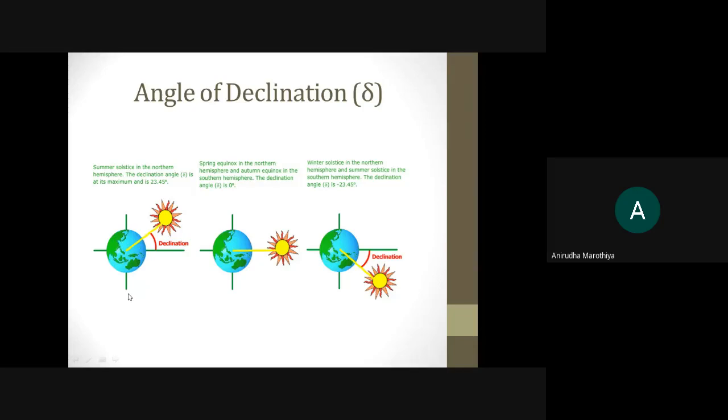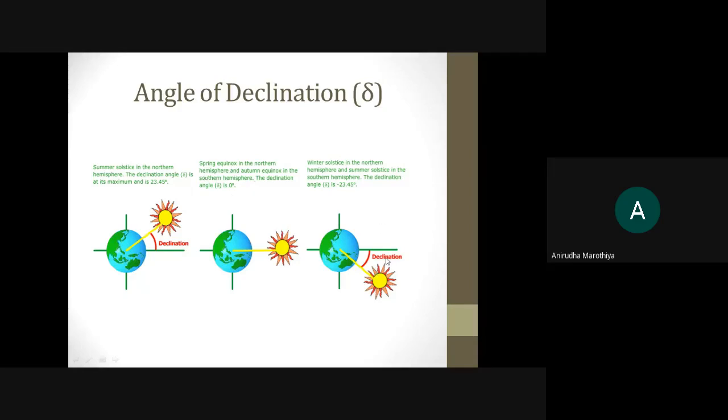I have not indicated the position of the poles, but by default this is the north pole and this is your south pole. From this diagram it is very clear that as the position of the sun is in the northern hemisphere, we need to take this angle as positive 23.45. And somewhere over here, when the position of the sun and the earth's equatorial plane are exactly in a common plane, exactly coinciding with each other, the value of del is going to be 0, and it is the spring equinox.